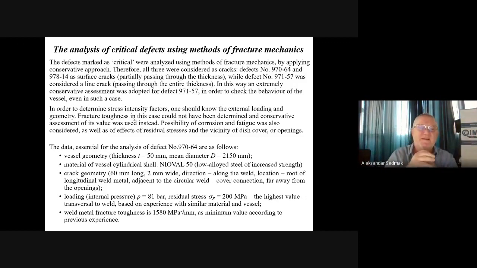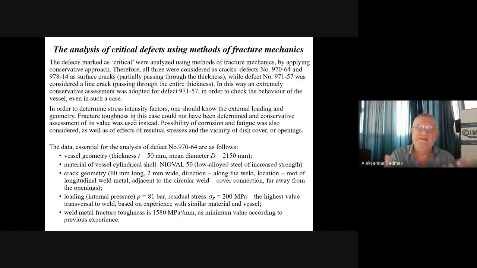But on the other hand side, the fortunate circumstance was that at the same time, or years before actually, for the same material and the same welding process, there was a doctoral study and extensive research about fracture toughness of all regions in welded joints.